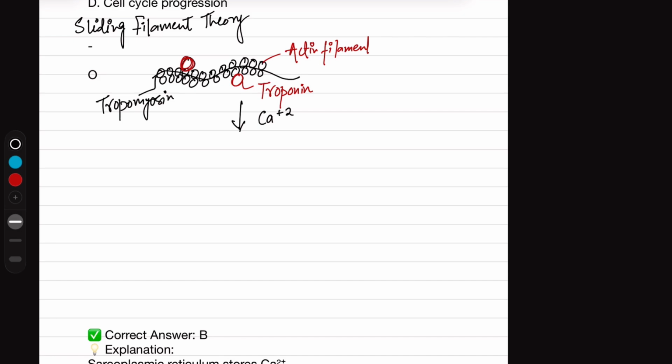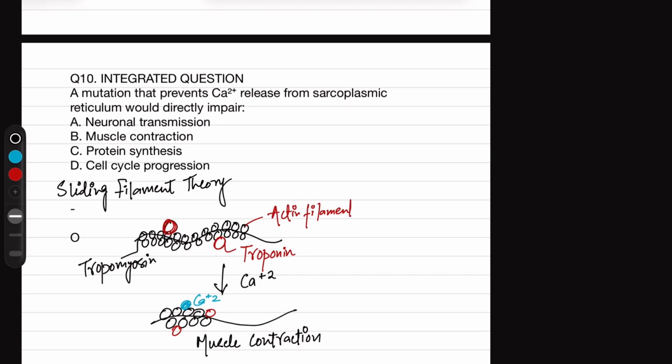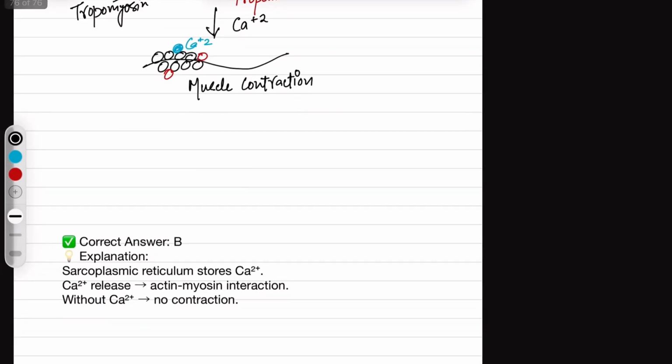So muscle contraction takes place only in presence of calcium ions which are released from sarcoplasmic reticulum. So here our second option is correct, where muscle contraction option is there, and as sarcoplasmic reticulum stores calcium ions, calcium release initiates the actin myosin interaction here.